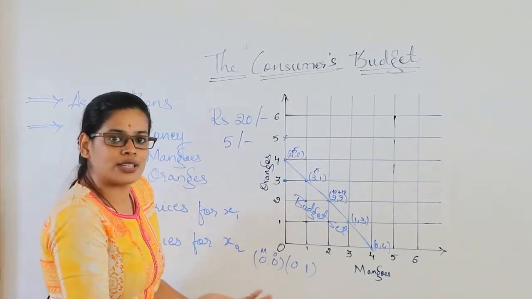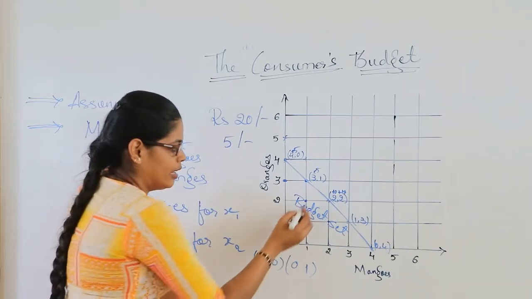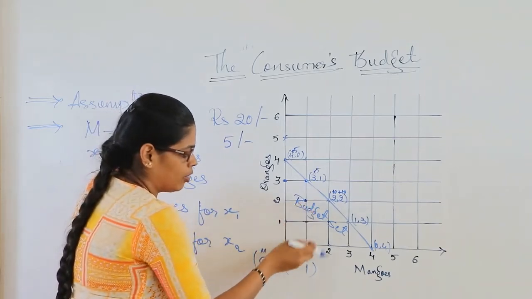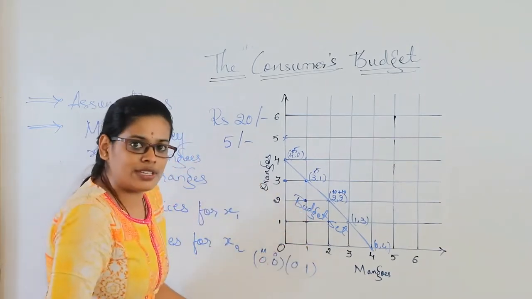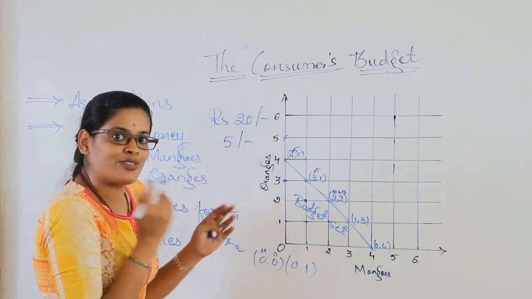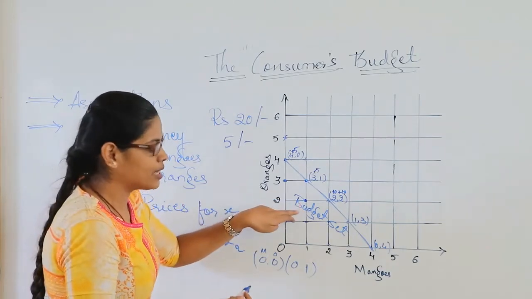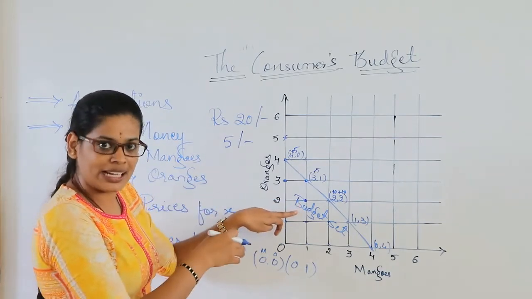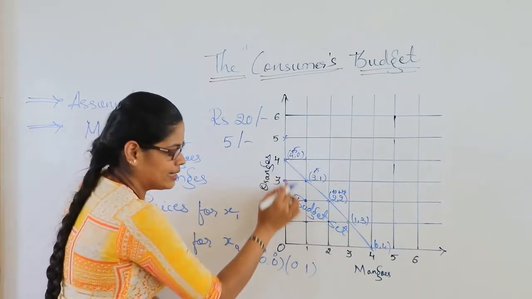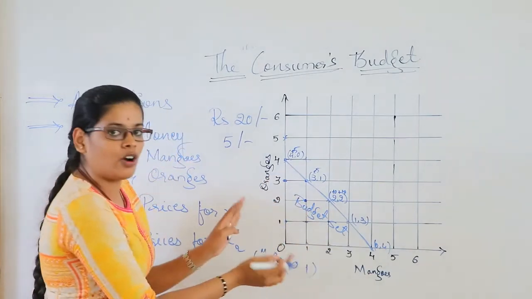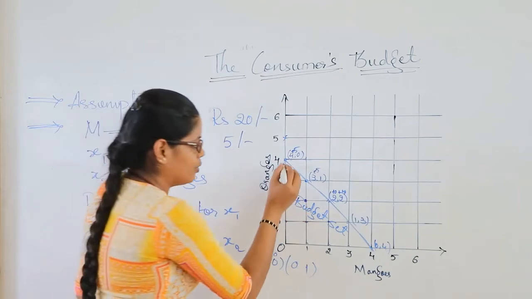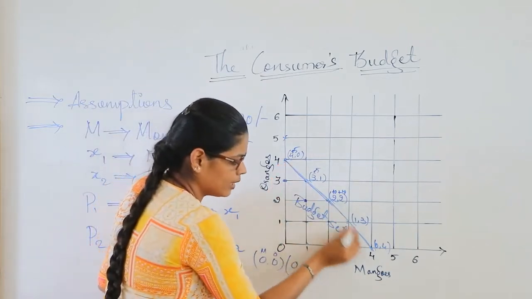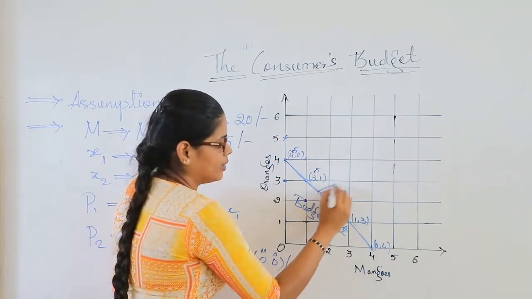That's also one possible way, right? He can even buy 1 mango with 2 oranges. Even this is possible because it comes under his budget line. That is the reason we call it the budget set, and this line we call the budget line.